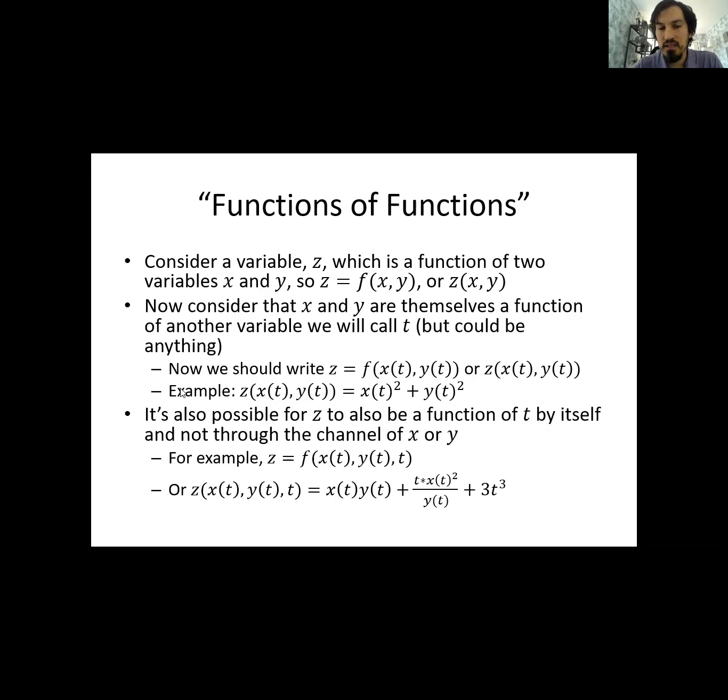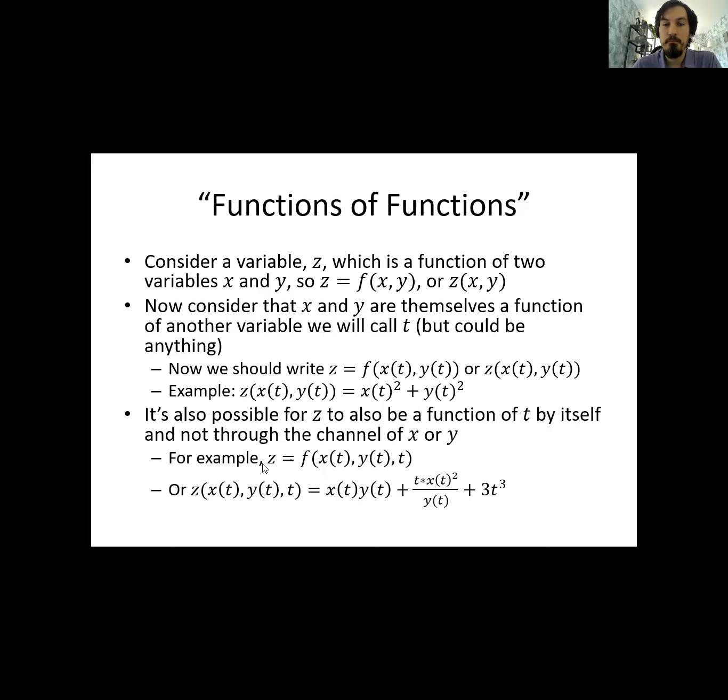This happens a lot in economics, especially when t is time. But you may have an even more complicated case, where z is a function of x, which is a function of t, and z is a function of y, which is a function of t, but also z is directly a function of t.